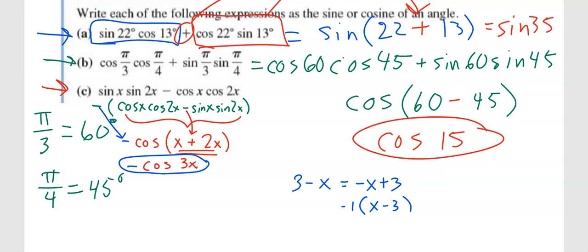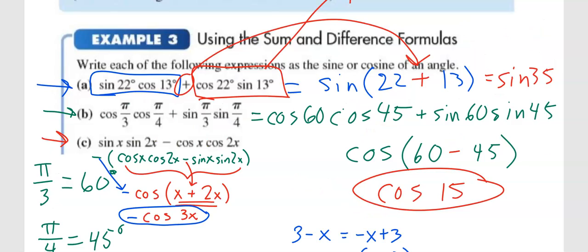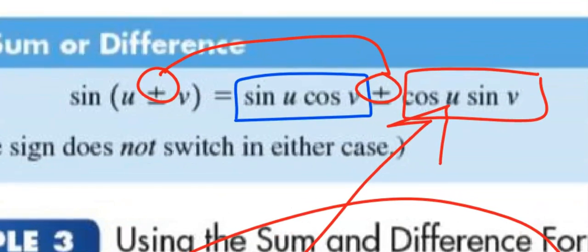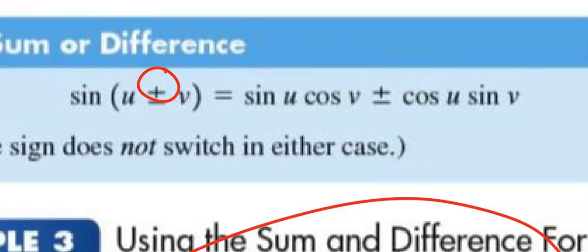Any more questions on these before we move to the next example? Yes. The sine equation, this one right here. Let me erase it so it's a little bit nicer looking. Nope, that's on your formula sheet.